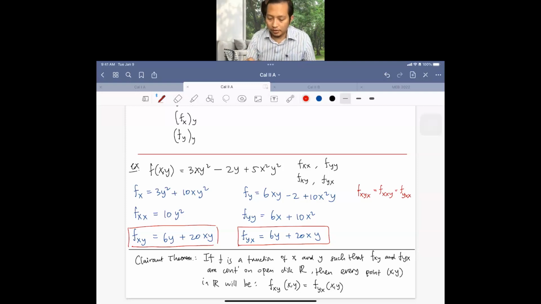Or if you have three variables, you have xzz, which should equal zxz, also zzx. For any possibility, you can switch the order of the variables you are differentiating with respect to when you derive a function.